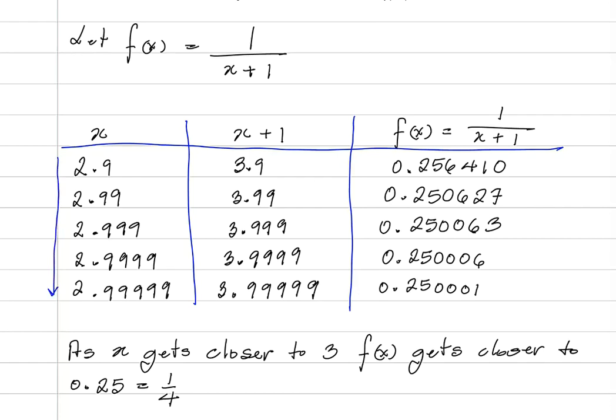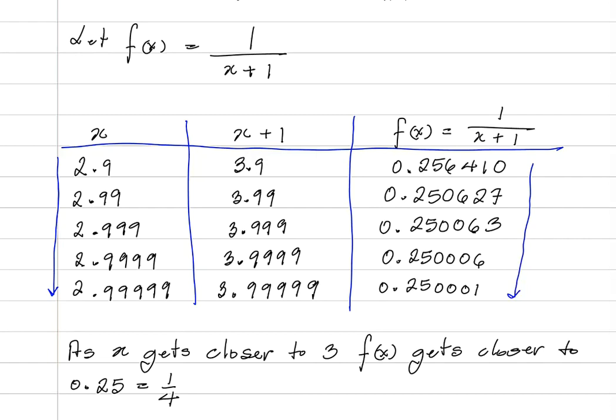As we keep going down, you notice that x is getting closer and closer to 3, and the value of f of x is getting closer and closer to 0.25.